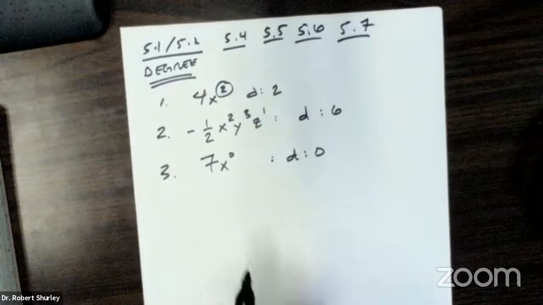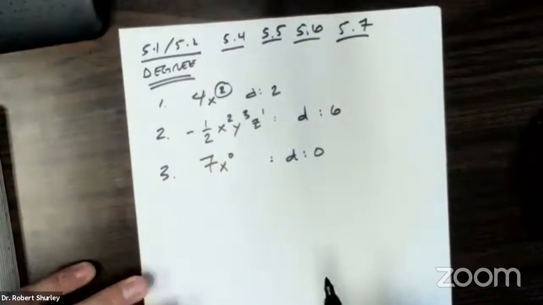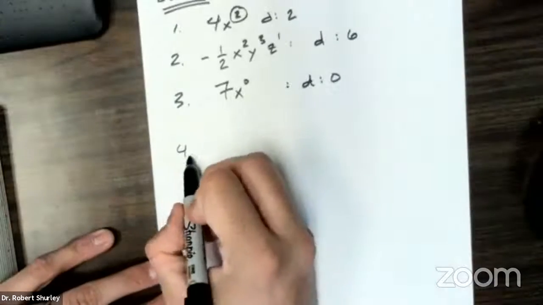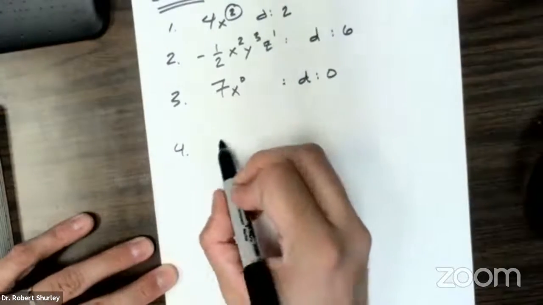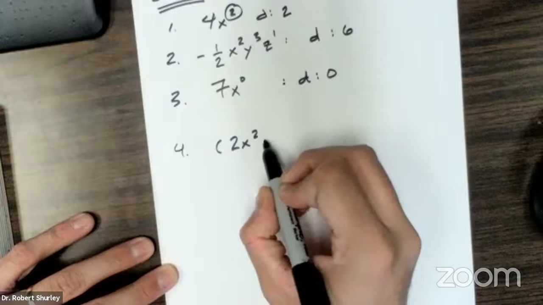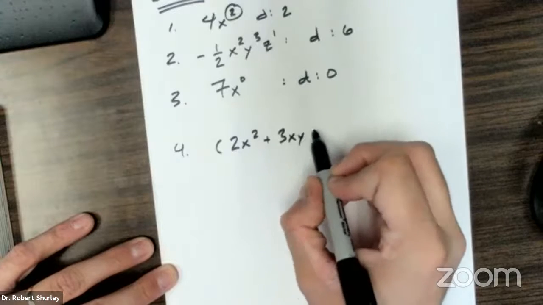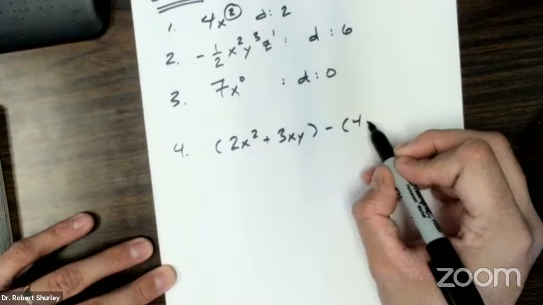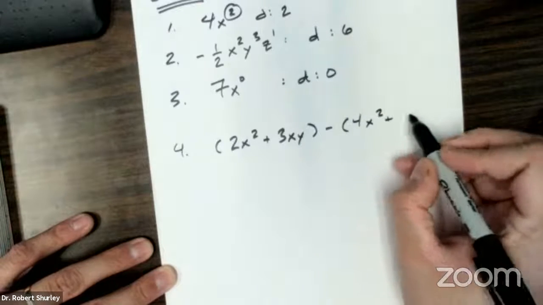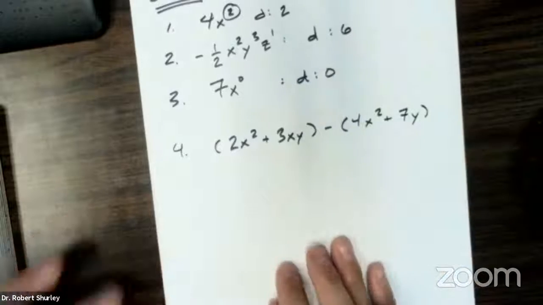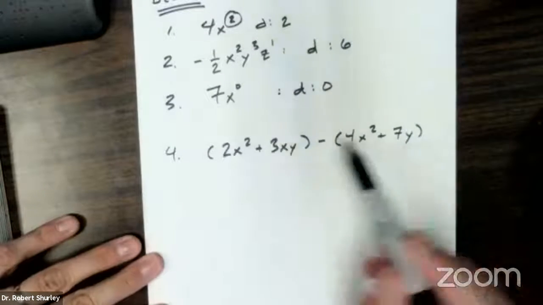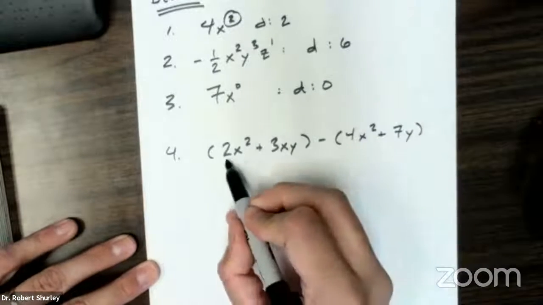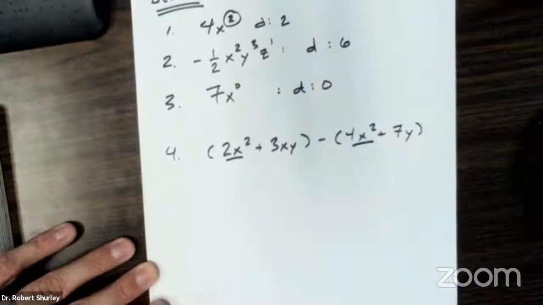And 5.1 also was addition and subtraction. It's just making sure you understand what a like term is. So this is still 5.1. If we have something like 2x squared plus 3xy minus 4x squared plus 7y, and we're going to combine like terms here, now it's subtraction. The only terms we can combine are the 2x squared and the 4x squared.